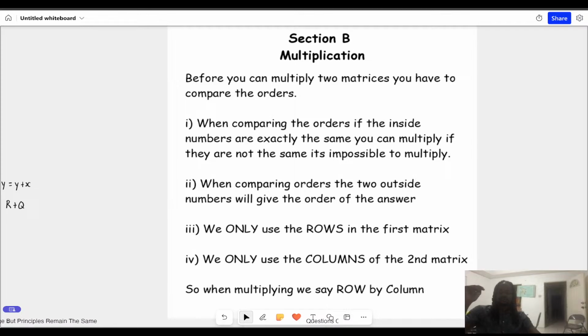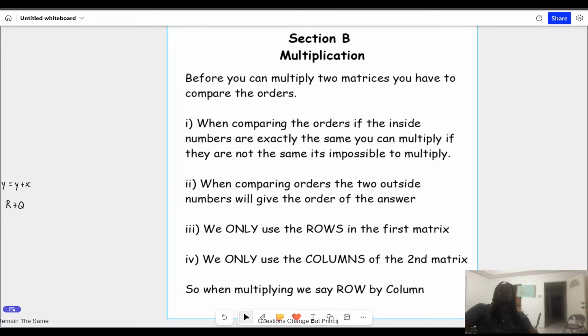Multiplication is the most important part of matrices. Out of all of the operations that you have to know, multiplication is the most important one.